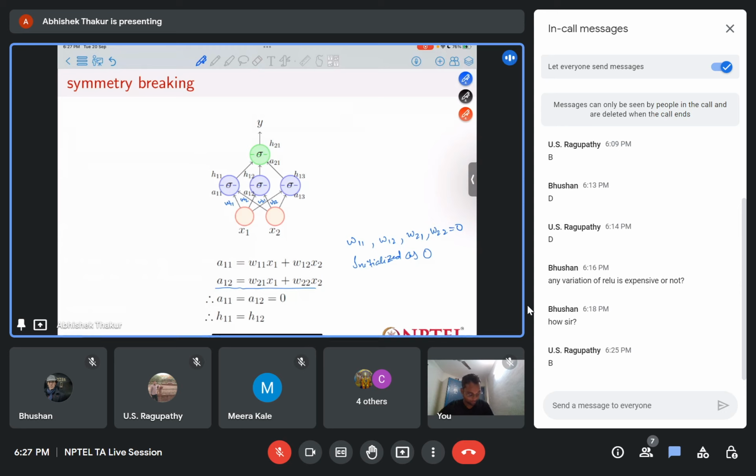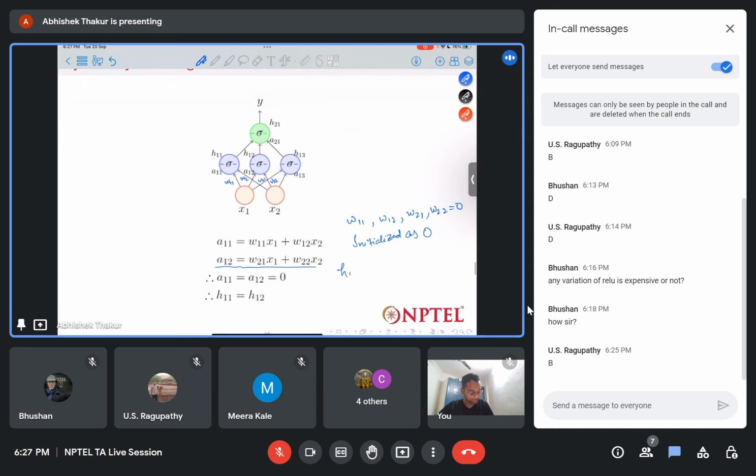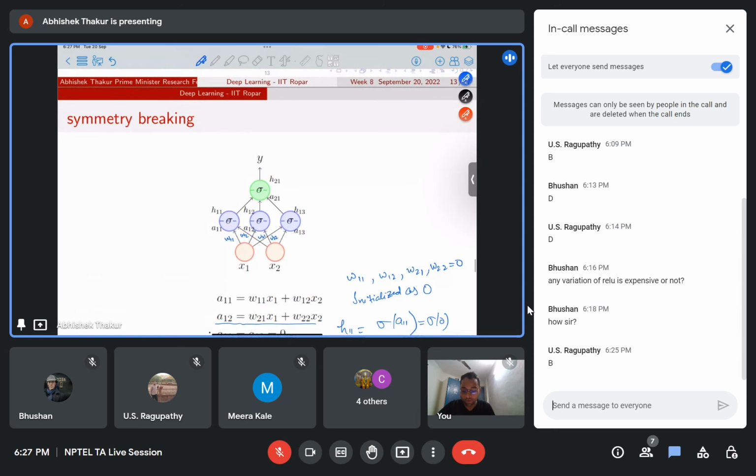After that, if A11 and A12 are 0, H11 is equal to sigmoid of A11, that is sigmoid of 0, and H12 is equal to sigmoid of A12, which is also sigmoid of 0. So H11 is equal to H12. In this way, in all the layers the values will become the same.